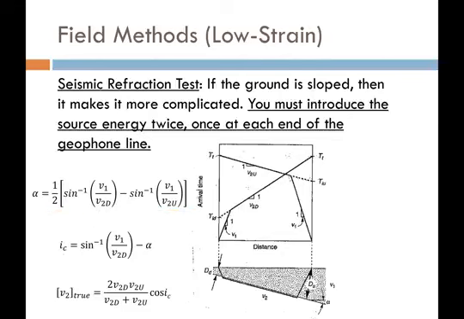And then once we have alpha, we can solve the critical angle, or critical incident angle, using this equation right here. Now, the D implies in the down direction, and U implies in the up direction.